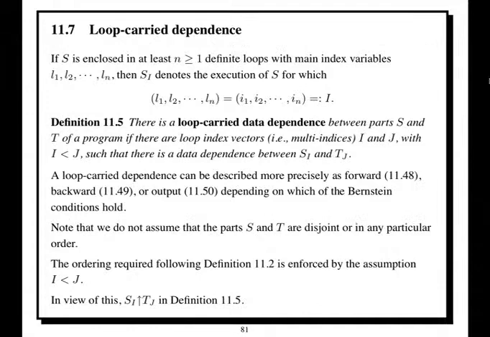And now you can define what you mean by a loop carried dependence. If I've got two parts of a program and two different indices, I can take the part S with index I and part T with index J, and then I just go back to my original definition of dependence. So I say there is a loop carried dependence if one of these three Bernstein conditions, one of those intersections, is non-empty for these distinct computations.